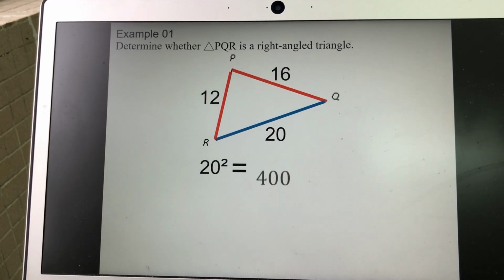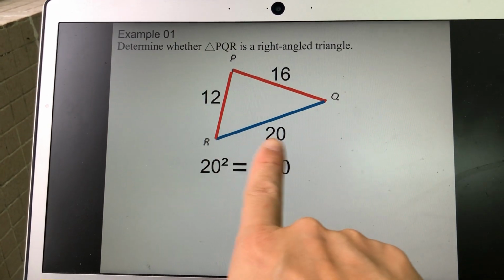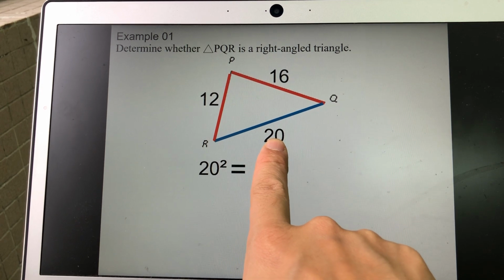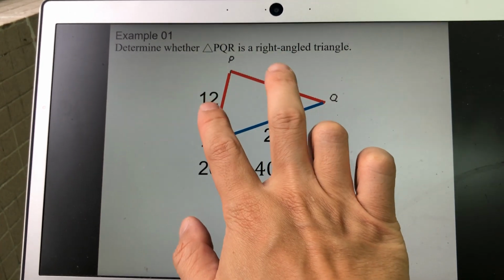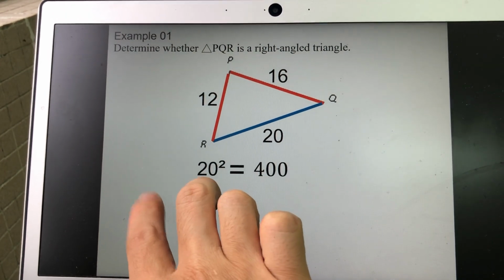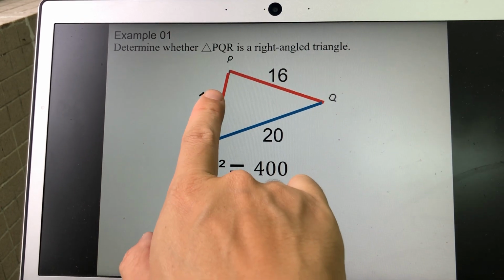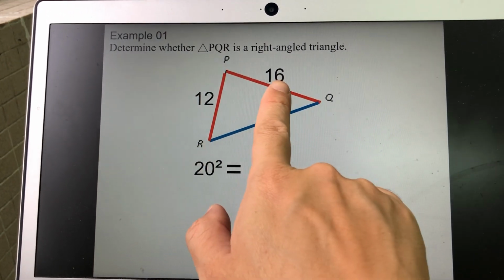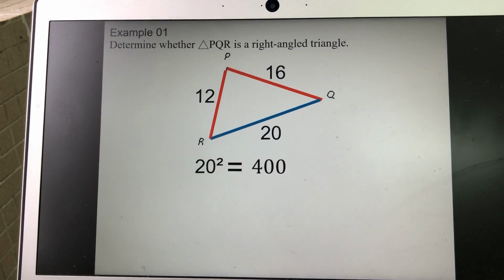And then after that, you also need to check the sum of the squares of the legs. So you have to find the value of 12 square plus 16 square.